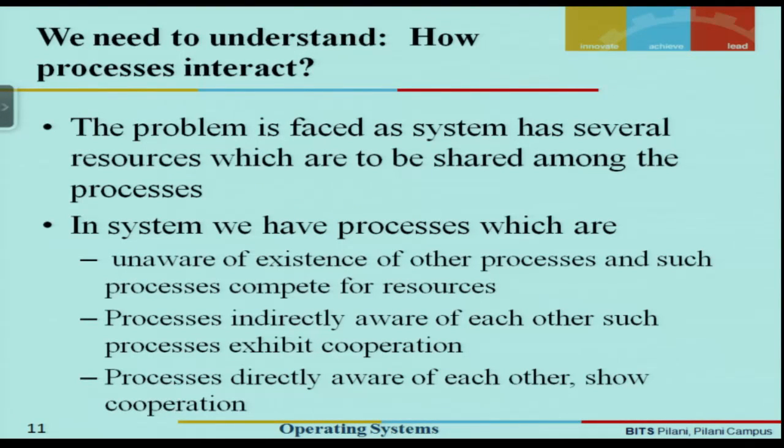Let us also understand how the processes interact with each other. A system can have a large number of processes, and let us see how they are going to interact with each other. In the system, the processes can be categorized in different categories. The first category is the set of processes which are unaware of the existence of other processes.